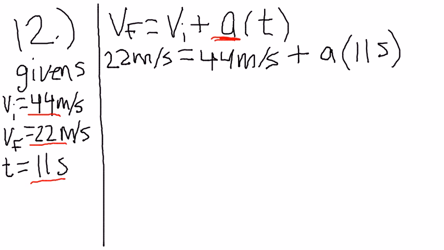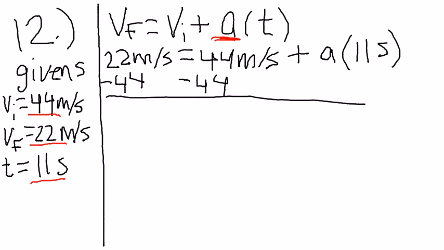So first, I'm going to subtract 44 from both sides, which is the initial velocity. And that's going to give me negative 22 equal to 11 times a.